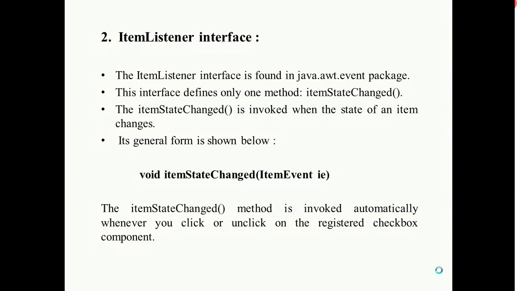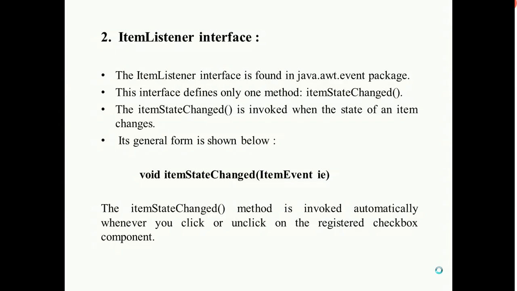So this interface is mainly used when an item from the list is selected, and the itemStateChanged method is used to change the state of the item. So itemStateChanged is the only method in the ItemListener interface, and it is invoked when the state of an item is changed.